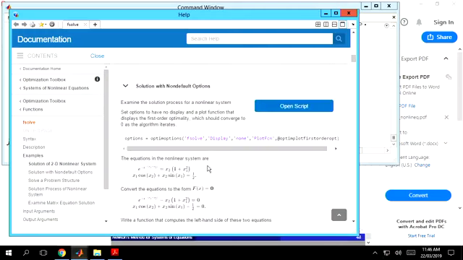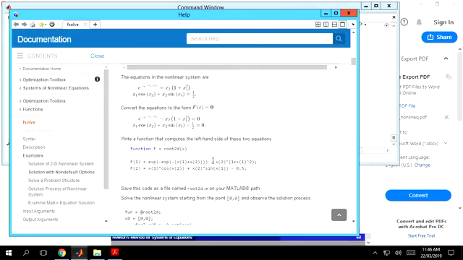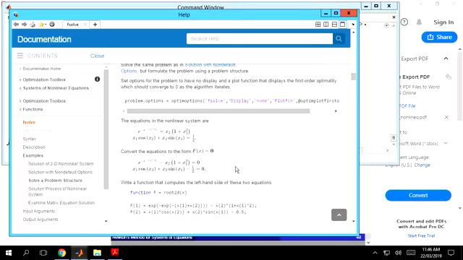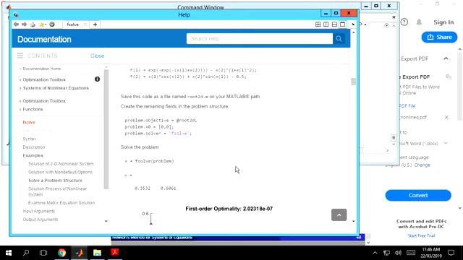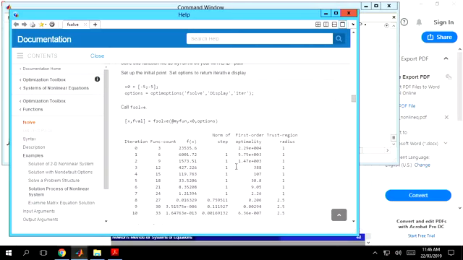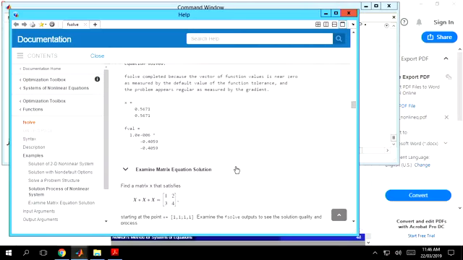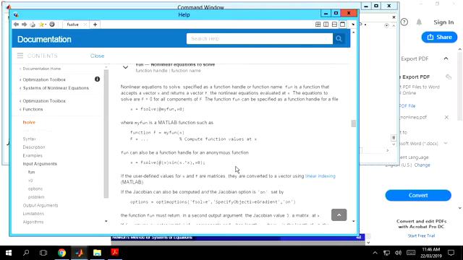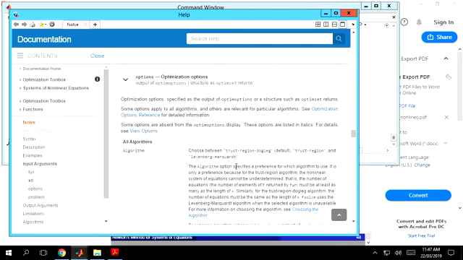So inside, it just does Newton method and other methods as well. So here it says it has a few algorithms.